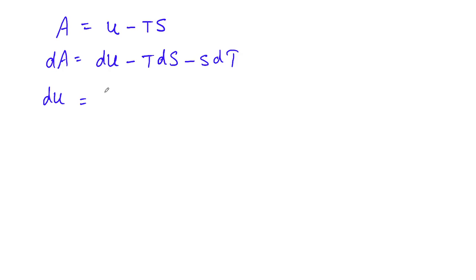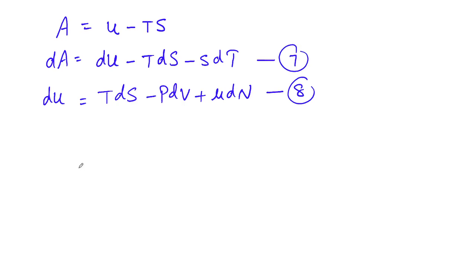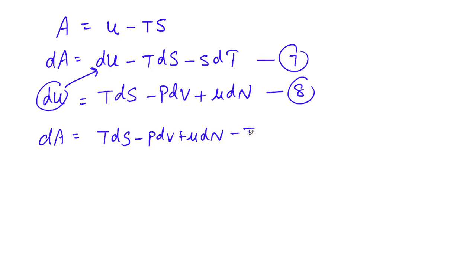While solving the classical ideal gas problem, the change in internal energy comes out to be T dS minus P dV plus mu dN. Let us say this is equation number 8. Now putting the value of this dU in this equation, dA becomes T dS minus P dV plus mu dN minus T dS minus S dT.